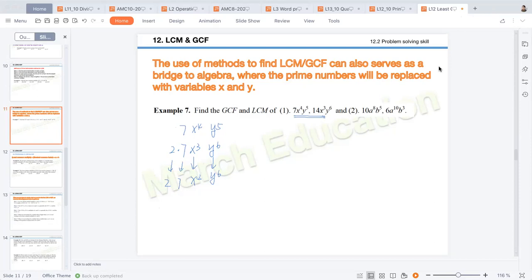So this is about the second one. The answer is 14 x to the fourth power and y to the sixth power, because you can see I separated them like this, 2 and 7, and here x to the fourth power and y to the third power.